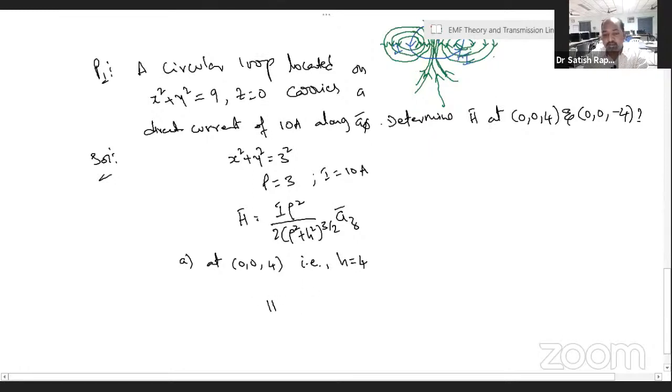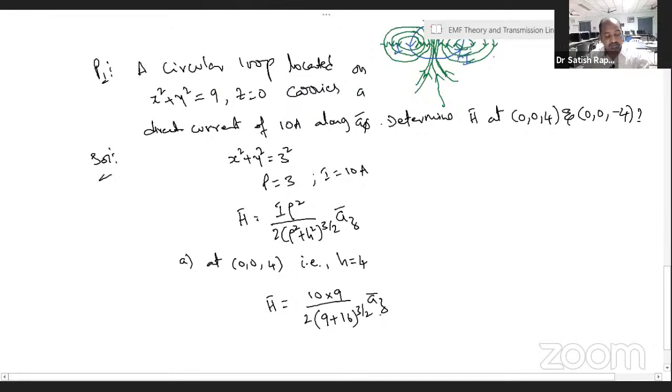Hence, substituting all the values, I is 10 into rho square is 9, divided by 2 into (rho square is 9 plus h square is 16) power 3 by 2, a z bar.